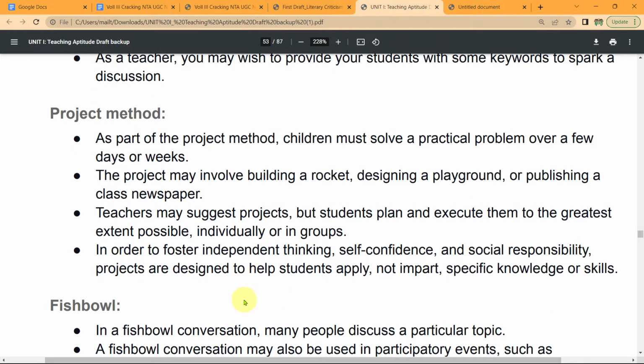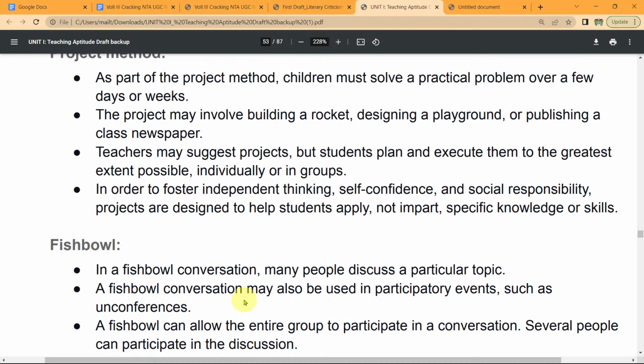Fishbowl is a simple thing. There will be one big group, one big hall, and there will be one desk in between, like you are surrounded in a circle. There will be one person in between, and he will speak the conversation, and everybody will listen.